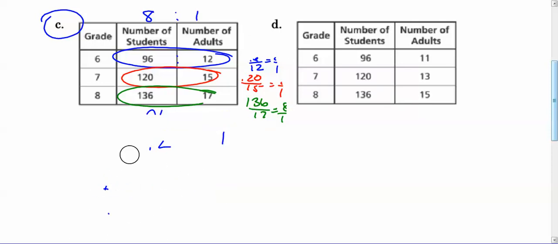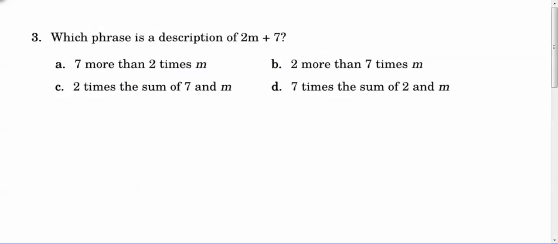So anyway, let's move on to the next one. This does not want to erase, not that it really matters, because I'm just going to go to the next screen. Okay, it says, which phrase is a description of 2m plus 7? We know we have a coefficient here. That 2 in front of the variable means the 2 and the m are being multiplied. A lot of times in algebra it may say twice the number m or double the number m, but they actually didn't do that.